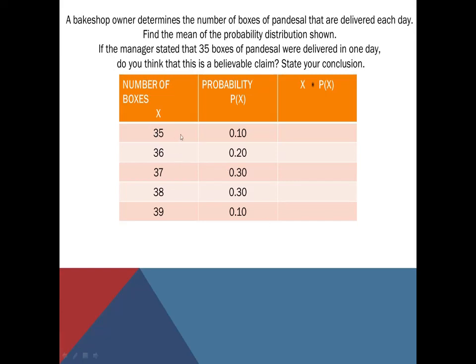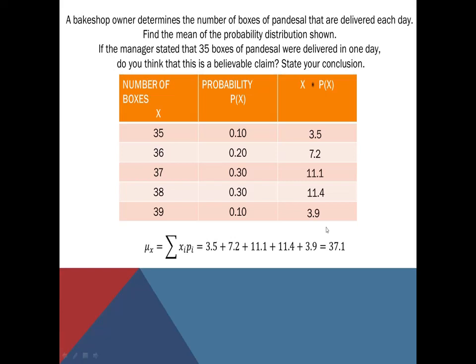Okay, so let's follow through the steps. Again, what is the next step? Multiply x by P of x. So 35 times 0.10 is 3.5. You just multiply that, input it in your calculator, and that is the result. And then, to get the mean, we add all of them, all the values of x times P of x.